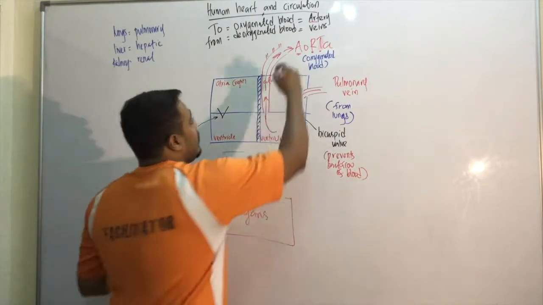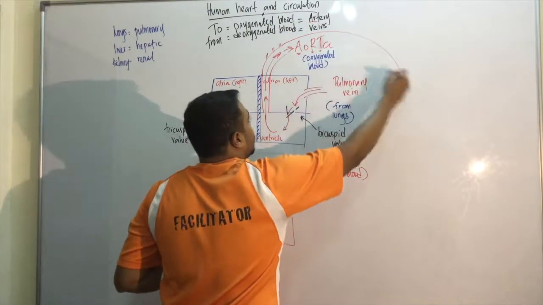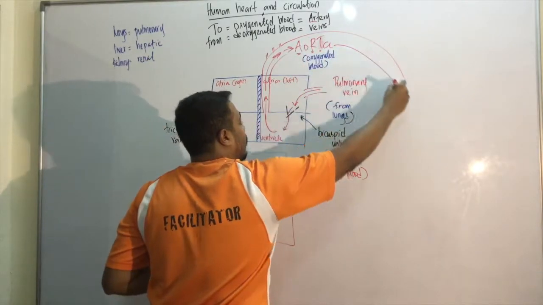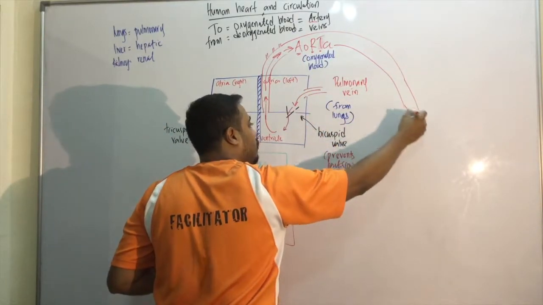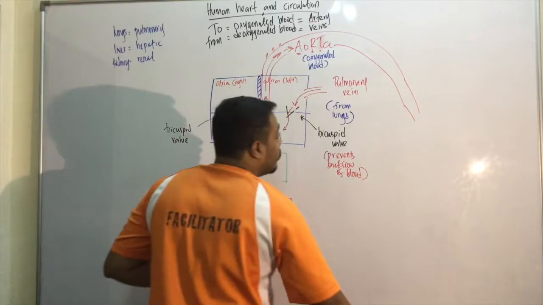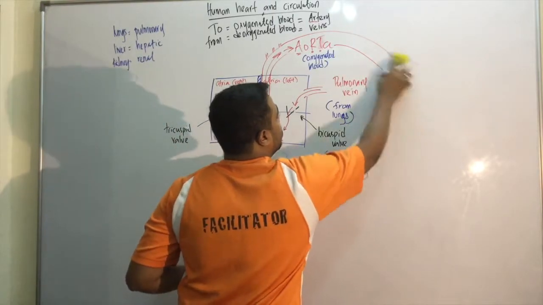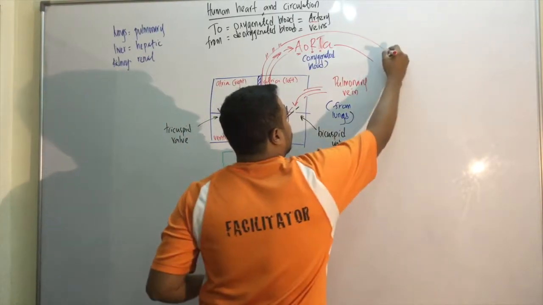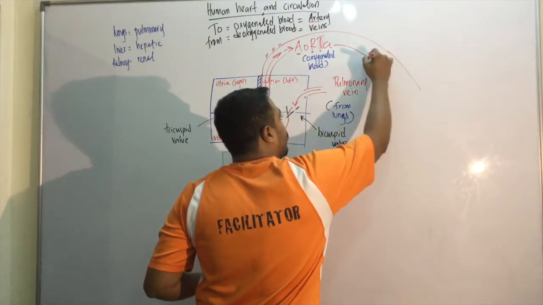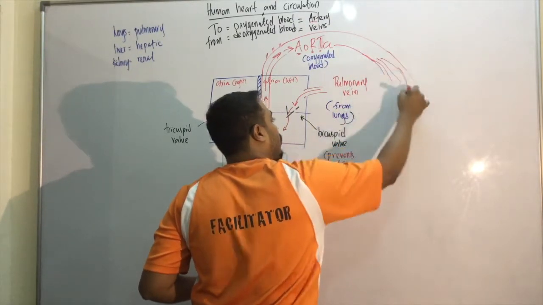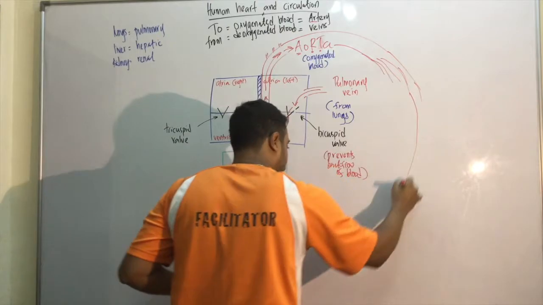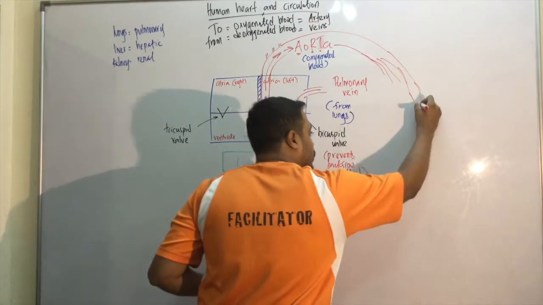Now what happens is the aorta would come out here and it would branch. So let me make that a little bit neat. It branches into smaller ones that we call arteries.